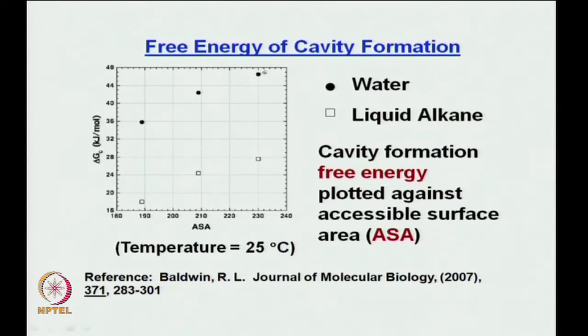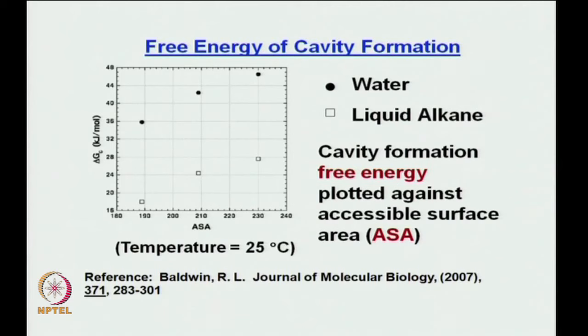Now, the solid circles, or the filled circles, are for certain organic molecules in water, and the open squares are for the same organic molecules in a liquid alkene. Okay.